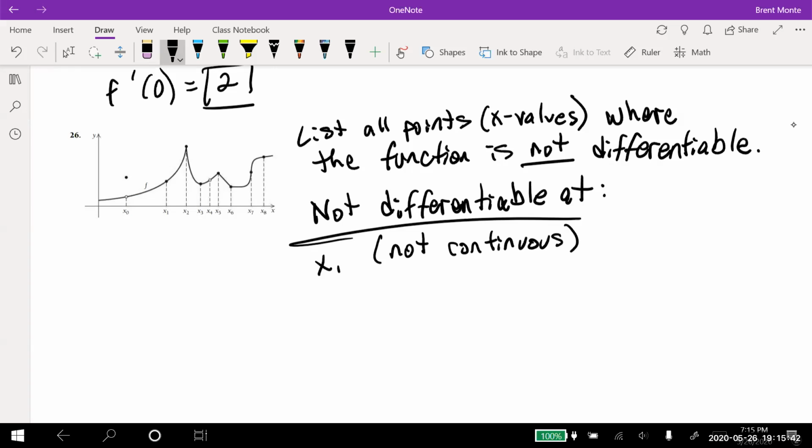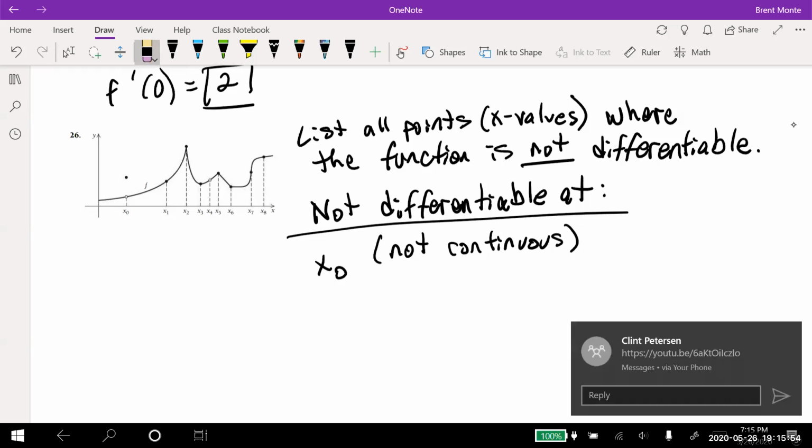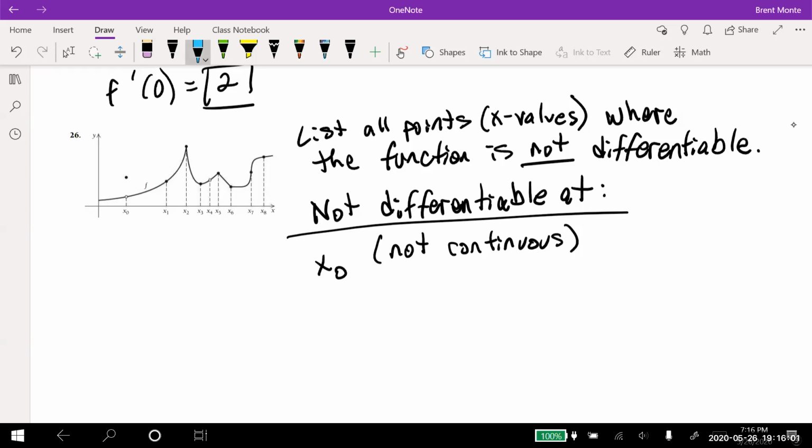Let's see, oh, that was x sub 0, wasn't it? So not differentiable at x sub 0. Sorry, x sub 1 is this one here. At x sub 1, it actually is differentiable. So here I can find the tangent line. It's going to look something like this. Yeah, that one's good.